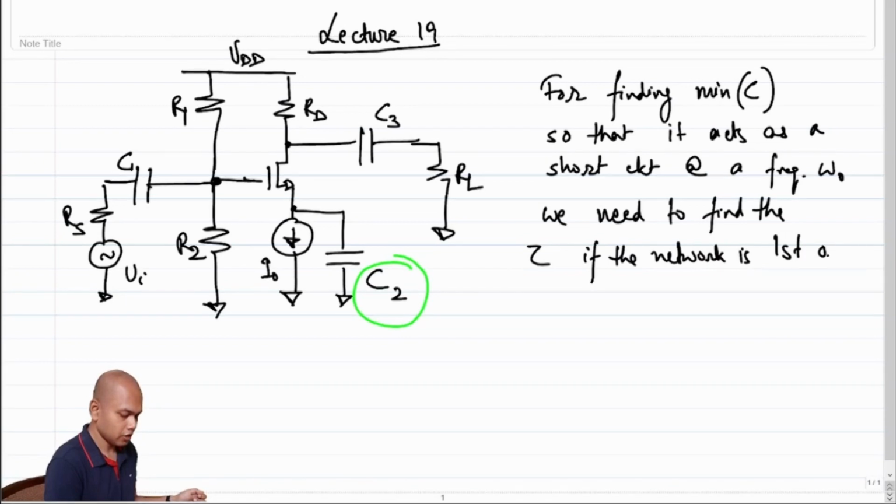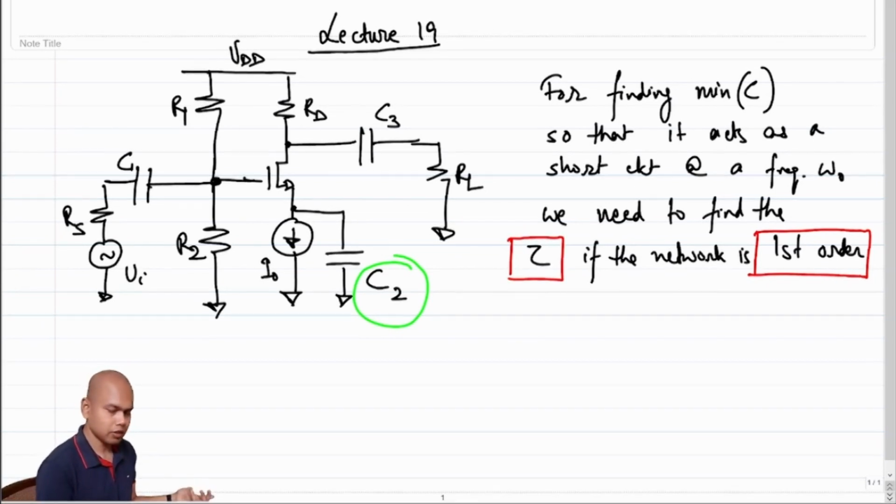This is important: the network has to be first order. If the network is not of first order, the time constant is of no use, because you cannot define a time constant if the network is not of first order. So I need to figure out what the time constant associated with C2 is.